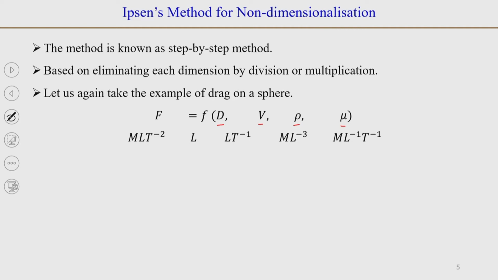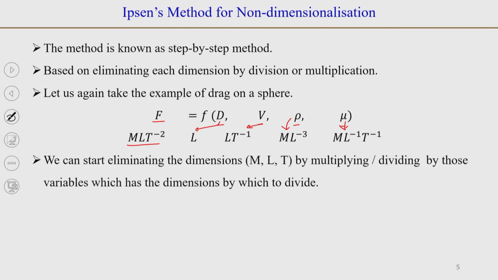So, dimension of force is m l t raised to the power minus 2, dimension of diameter is L, dimension of velocity is L t raised to the power minus 1, density is kg per meter cube. So, m L raised to the power minus 3, the unit of viscosity is kg per meter per second. So, m L minus 1 t minus 1.